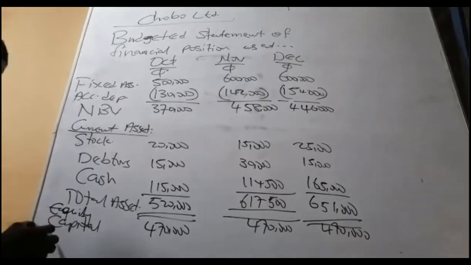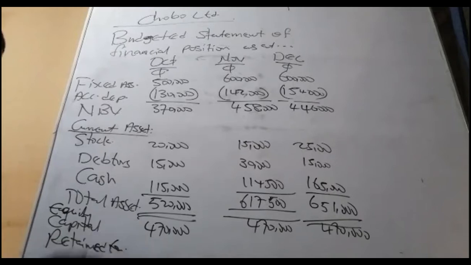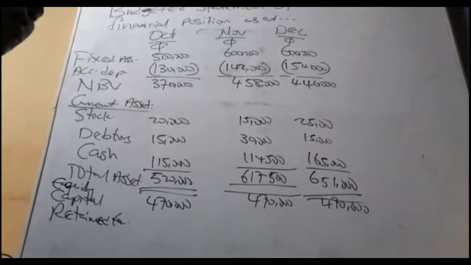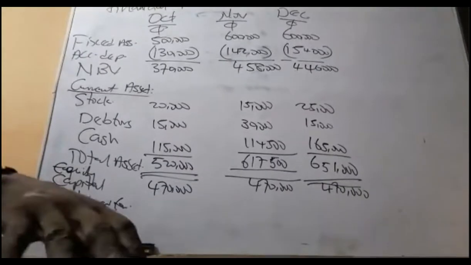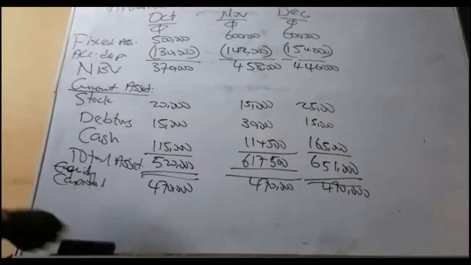So bring the retained earnings. Because it is the first time, or because there's no opening balance for that figure, we just pick it straightforward. So retained earnings.